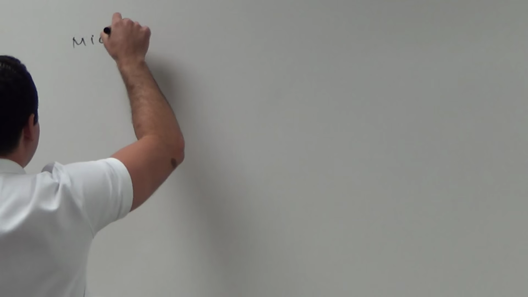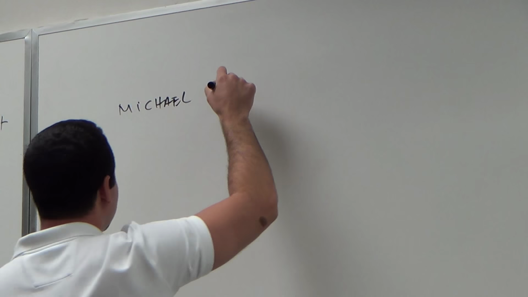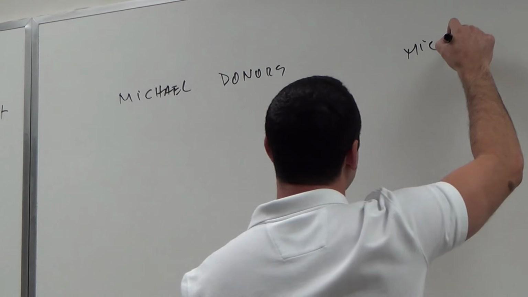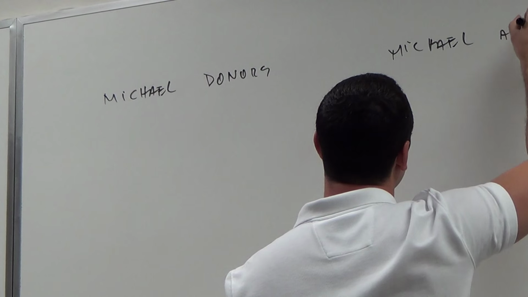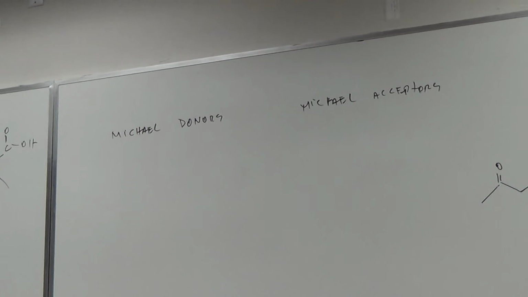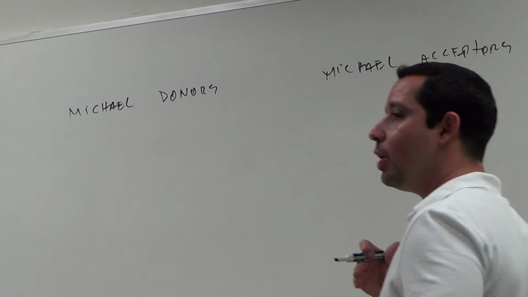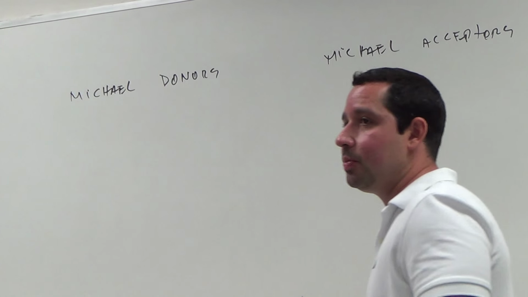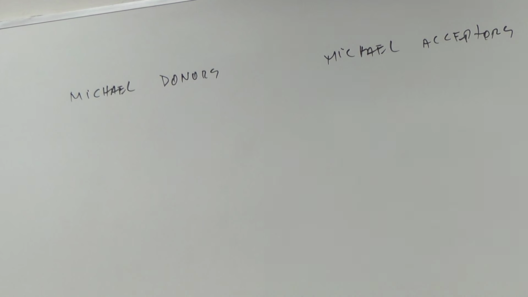By the way, there are something called Michael donors and Michael acceptors. These are the possibilities you have. A Michael donor is one that will be the nucleophile, and the Michael acceptor will be the one that gets attacked. Most of the time, what is it going to be? Alpha, beta unsaturated.